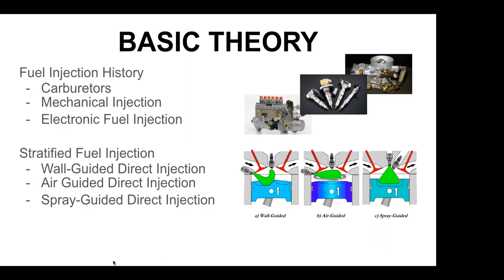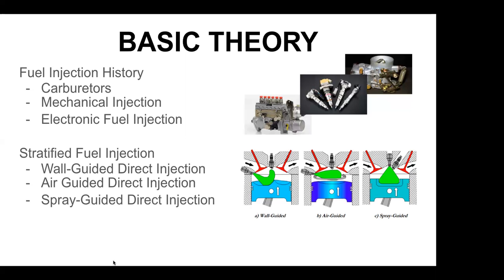It is used in most cars nowadays, and it uses a pump to deliver fuel. And with that, usually we have what is called port injection, which shoots fuel into the intake runner, so it's outside the combustion chamber.